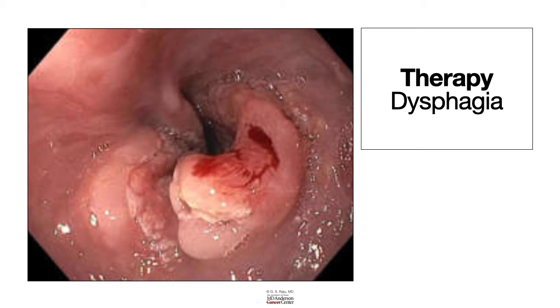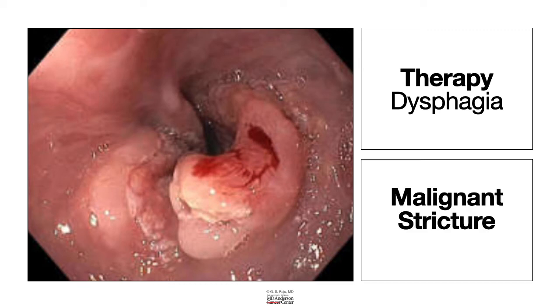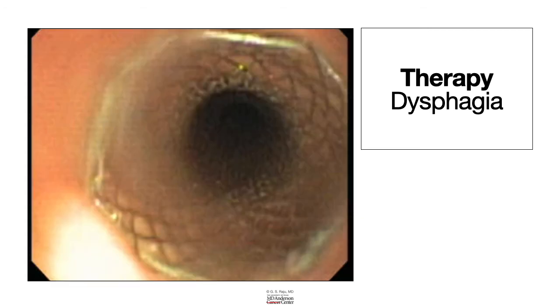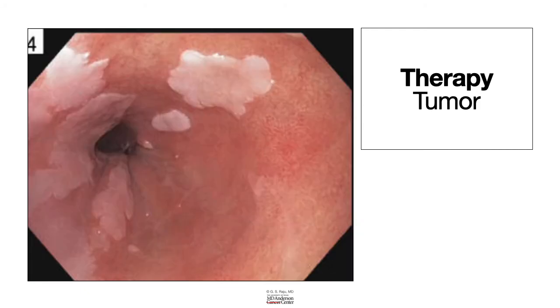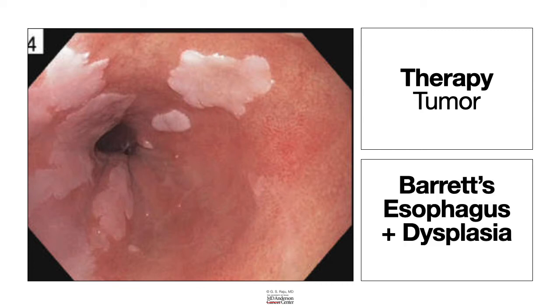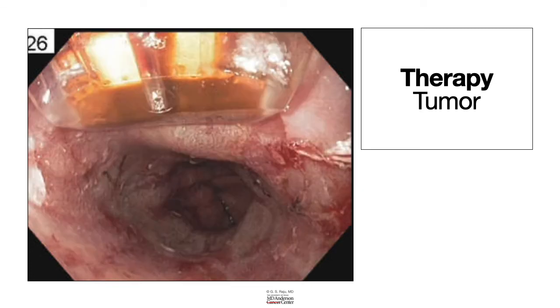Here it is a cancer or malignant stricture, and you treat that by inserting a stent. In addition to treating bleeding, opening up the strictures, endoscopy can also be useful for treating tumors or precancerous lesions like Barrett's esophagus with dysplasia with ablation. Here is an ablation.